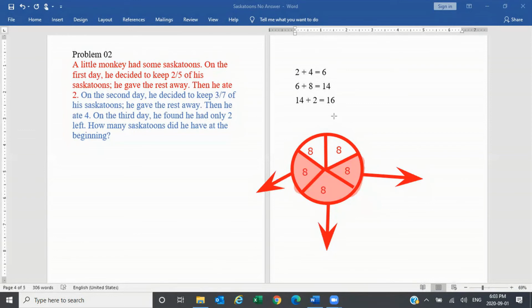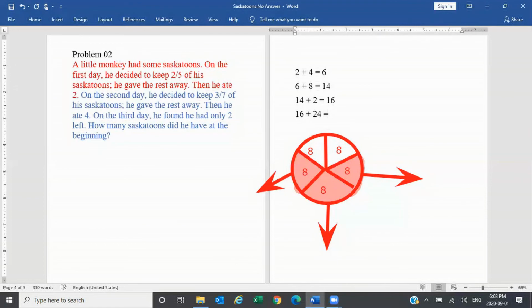Now, because we want to know how many he had at the beginning, we're going to give him back those 3 pieces. So that's 3 times 8, and that's 24. We're going to do 16 plus 24, because that's the rest of the pieces.